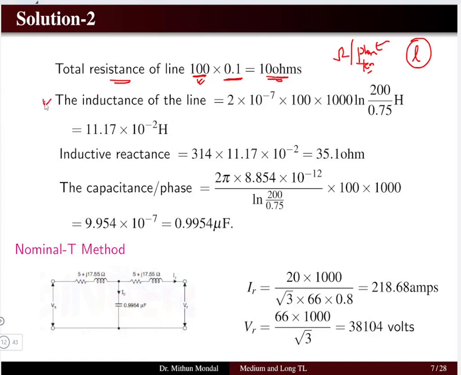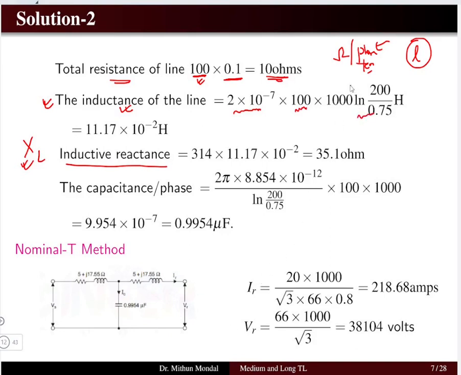Now we have to calculate the inductance of the line because we need the inductive reactance, XL. In the previous problem, the XL value was directly given to us. Here XL is not given, so we can use the formula that we studied in the previous tutorial to find the inductance of the line. That is equal to 2 into 10 to the power minus 7, times the length of the transmission line, times ln of GMD by GMR.